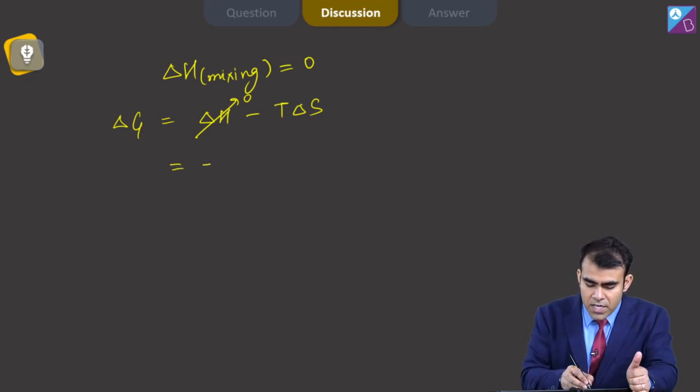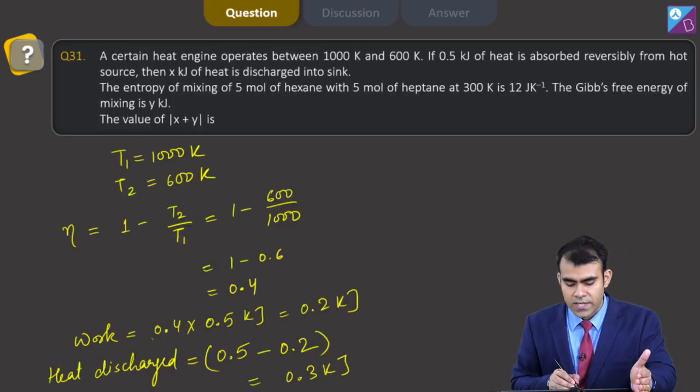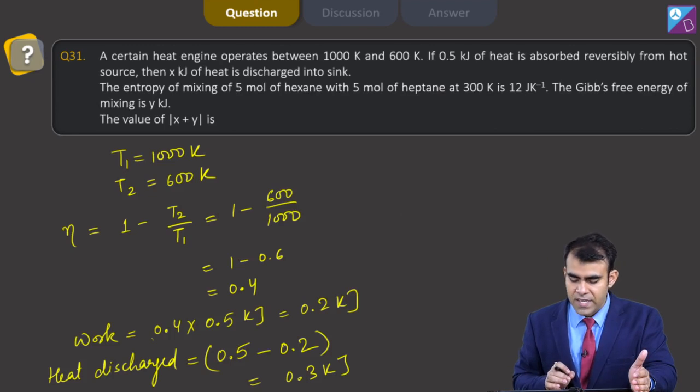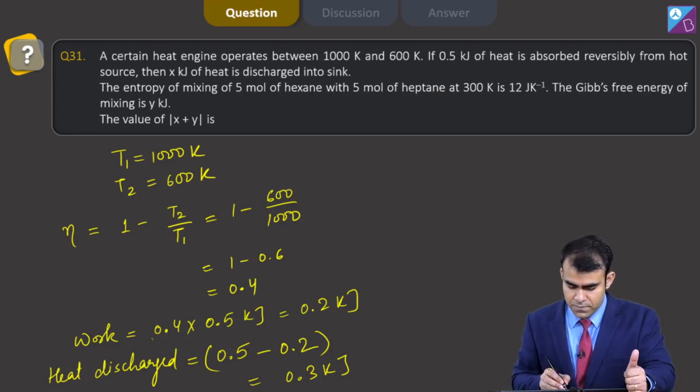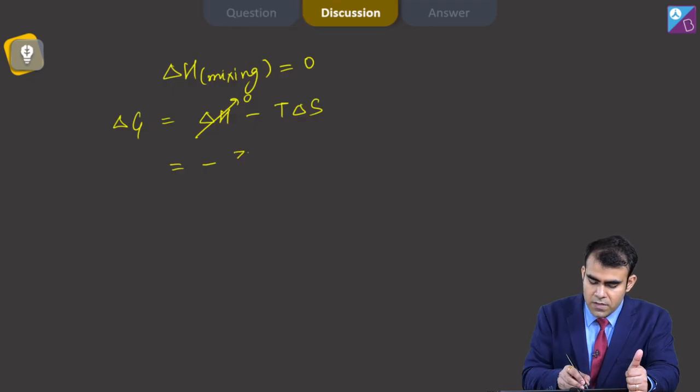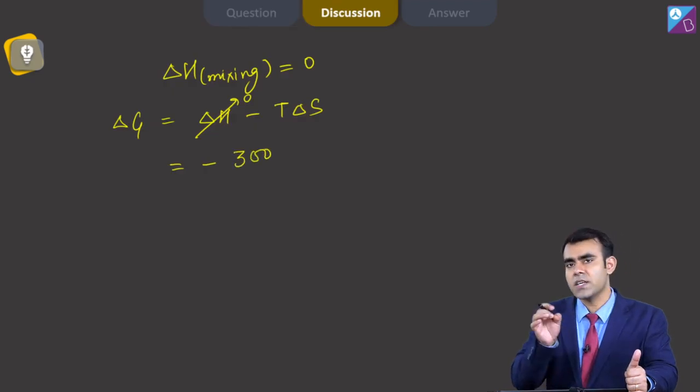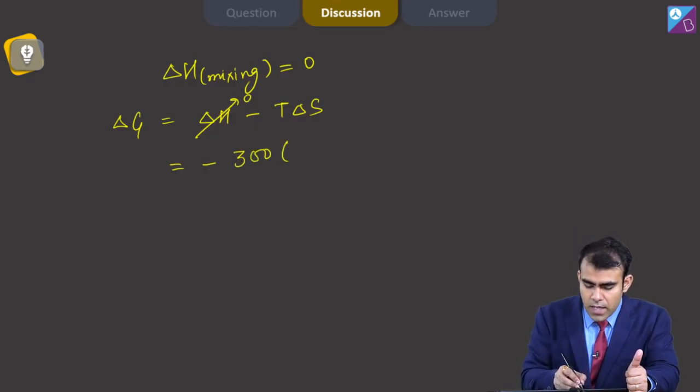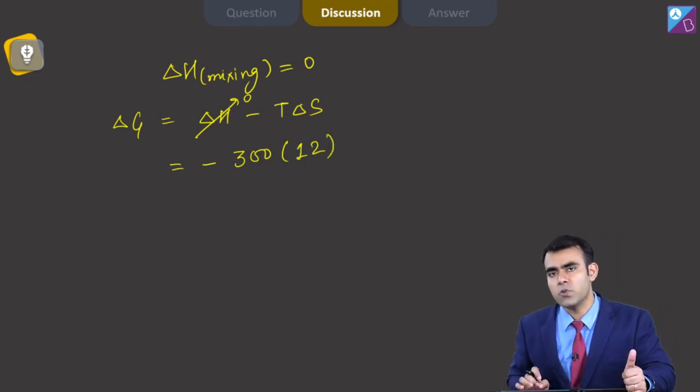So the temperature here is 300 Kelvin and the entropy of mixing is 12 joule per Kelvin. So we have 300 Kelvin temperature, and the entropy change is 12 joule per Kelvin.